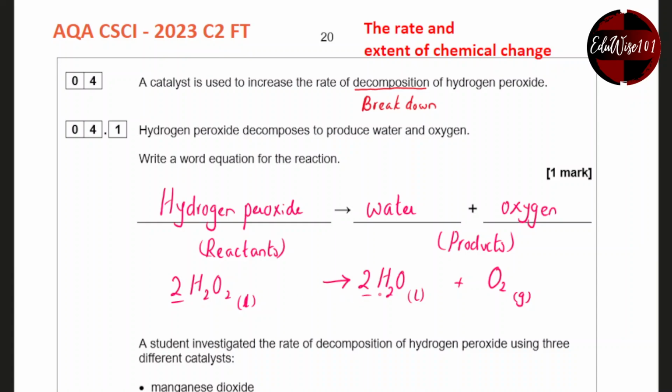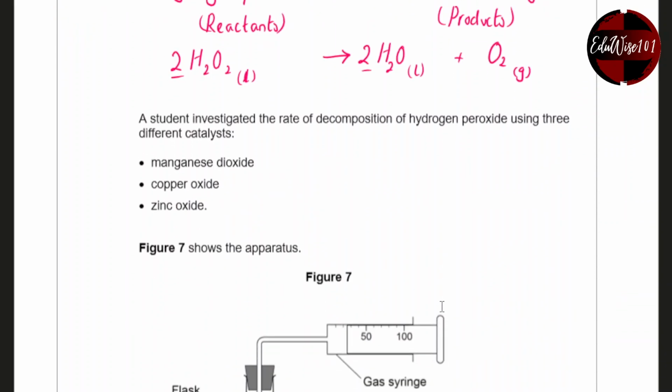Right, let's go into the next question. A student investigated the rate of decomposition of hydrogen peroxide using 3 different catalysts: manganese dioxide, copper oxide, and zinc oxide. Figure 7 shows the apparatus used.